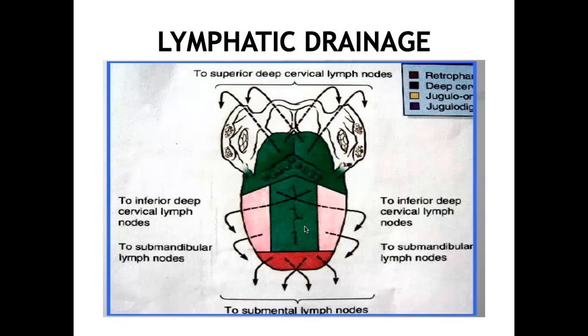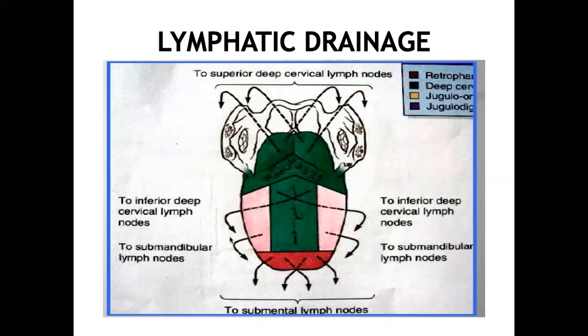Okay, you can see that the tip of the tongue enters into the submental lymph nodes. Okay, submental lymph nodes. From the sides of the tongue, it goes into the submandibular lymph nodes.